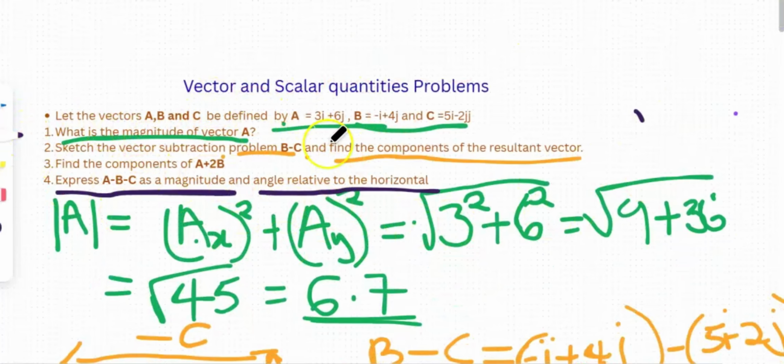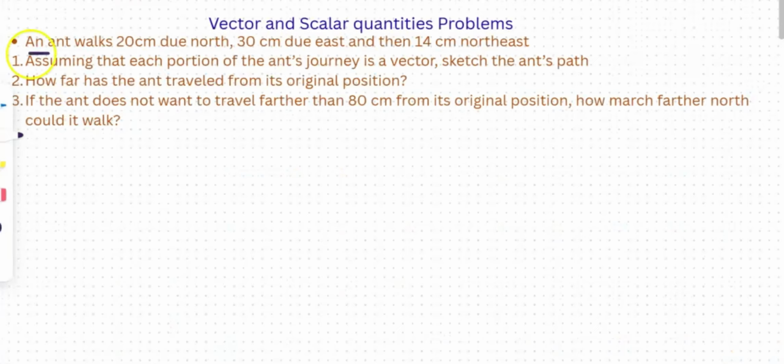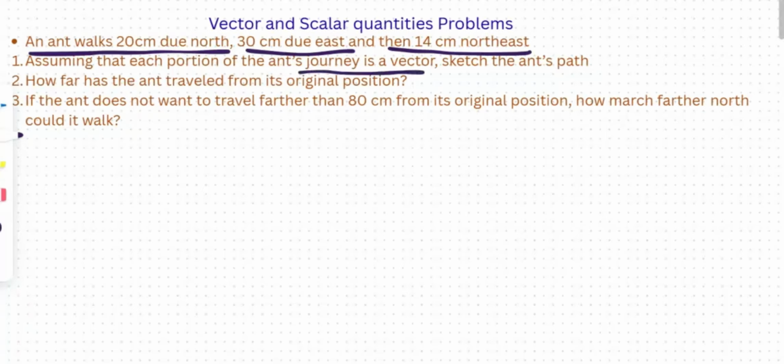Okay. So now let's solve another problem. An ant walks 20 centimeters due north, 30 centimeters due east, and 40 centimeters northeast. Assuming that each portion of the ant's journey is a vector, sketch the ant path. Now let's sketch it.